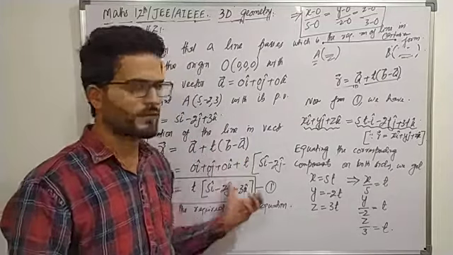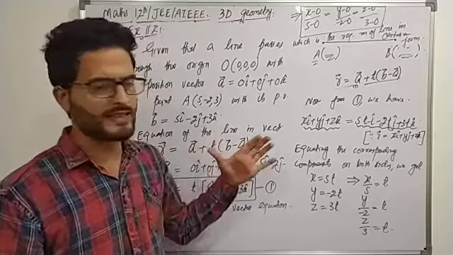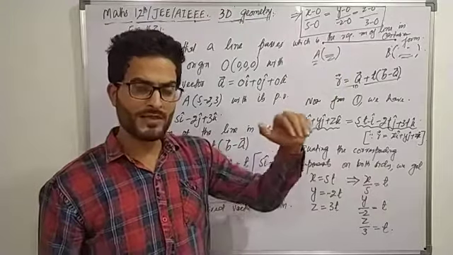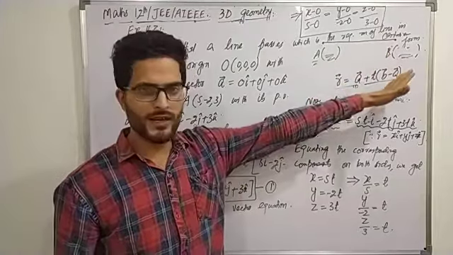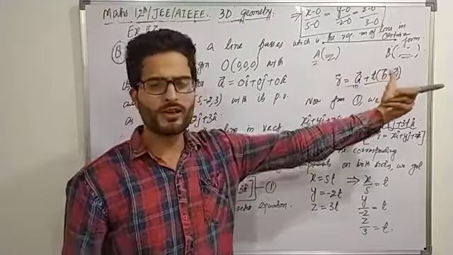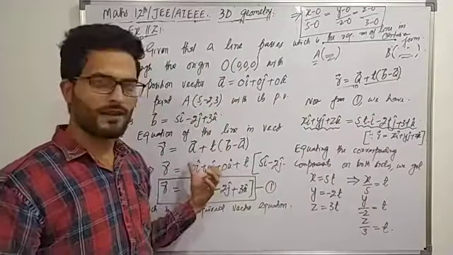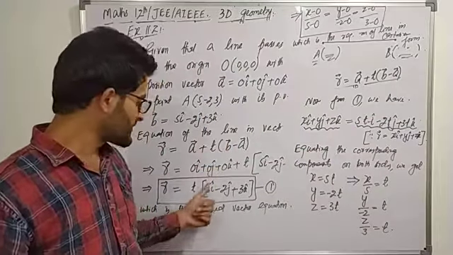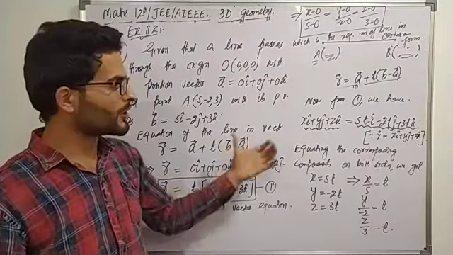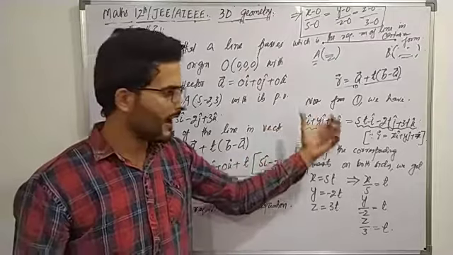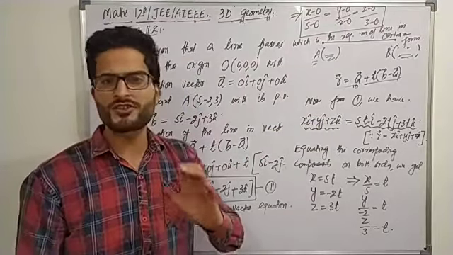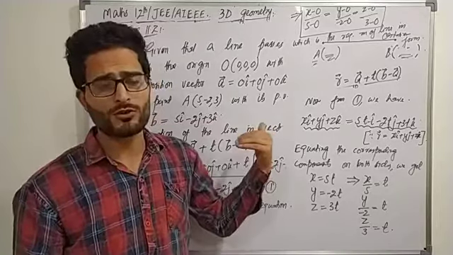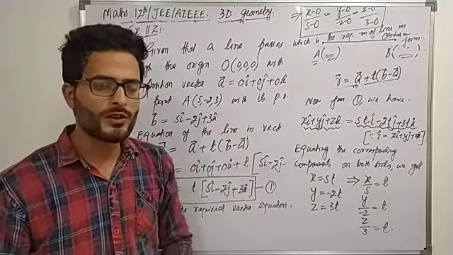So obviously you have to follow question number 8, exactly in the same way. In questions 8 and 9 the only difference is that in 8 we had the origin 0, 0, 0 and one point, and here there are two different points. So exactly in the same way, first you will find the vector equation and in the vector equation you will put the value of r vector as xi plus yj plus zk, and there you will get the Cartesian equation of the line. So question number 9 is just the mirror reflection of question number 8, so you can do it yourself.